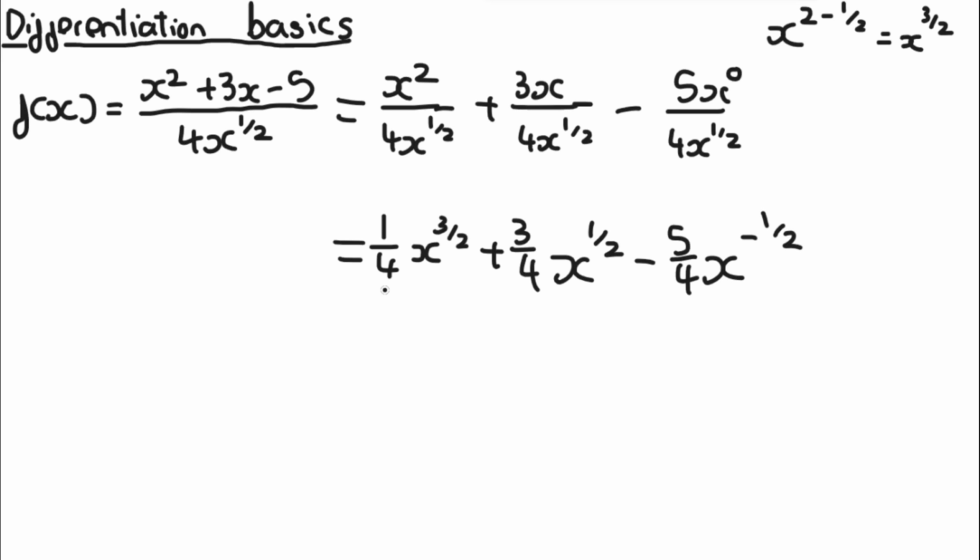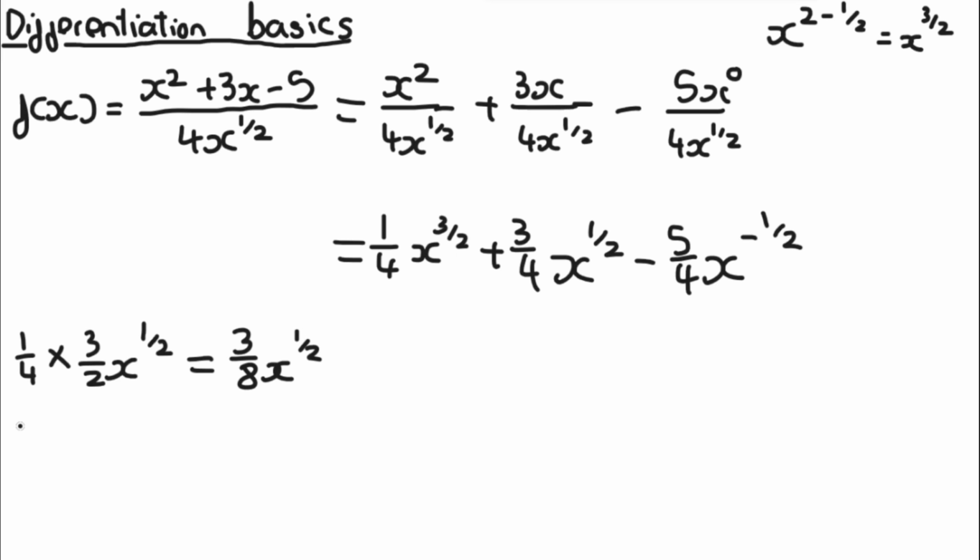And then we can differentiate the individual terms from here. So let's start with this one. This is going to be 1 over 4 times, and then we differentiate the x to the power of 3 over 2 to get 3 over 2 x to the power of a half, which if we simplify is 3 over 8 x to the power of a half.